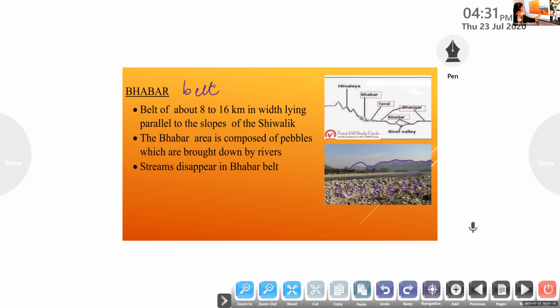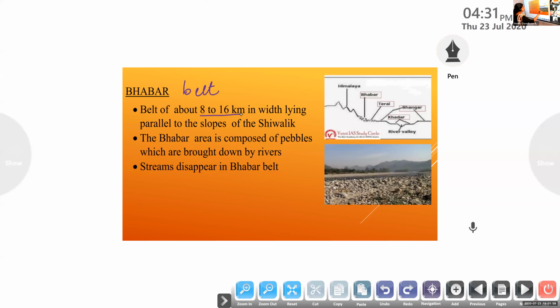This area is about 8 to 16 kilometers in width, lying parallel to the slope of the Shivalik.